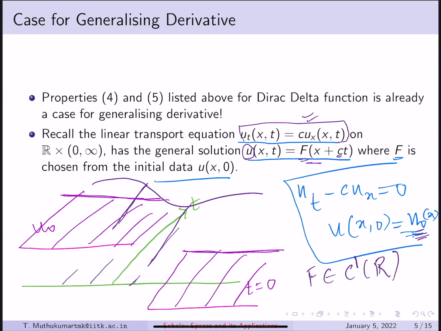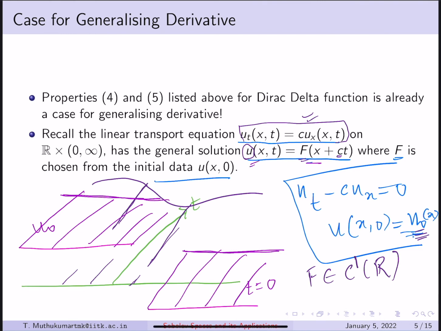Though physically this seems to make sense, taking discontinuous initial data, and maybe the theory works, the fact that the equation that models this situation is actually a differential equation restricts the notion of solution here, right?